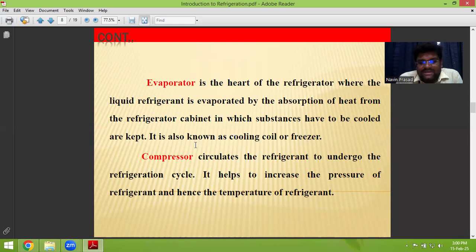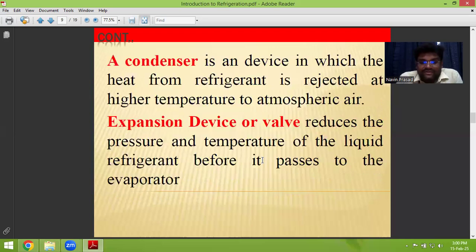Next, the compressor is a compressor or pump which circulates the refrigerant to undergo the refrigeration cycle. It mainly helps to increase the pressure of the refrigerant and hence the temperature of the refrigerant. The condenser is a device in which the heat removed from the refrigerant is rejected at high temperature to the atmospheric air.